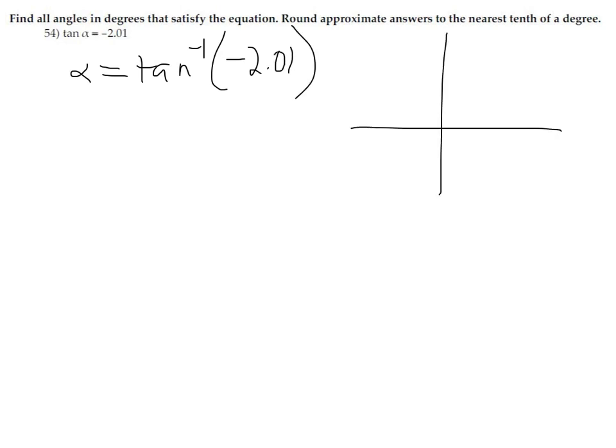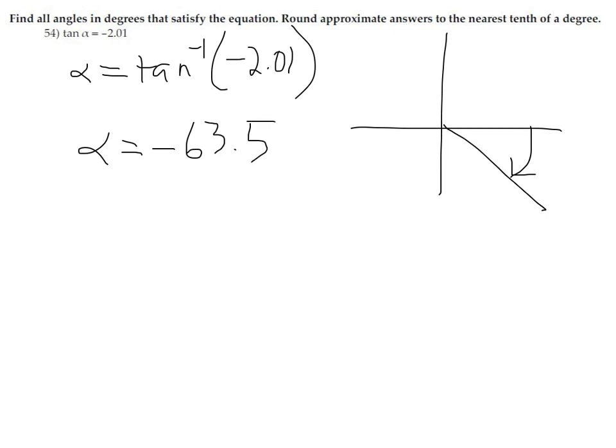Understand where arctangent lives: either quadrant 1 or negative quadrant 1. In this case, because it's negative, our answer will be something there. That's what we're going to get out of arctangent. So you do arctangent of negative 2.01 in degree mode, and we get alpha is negative 63.549.